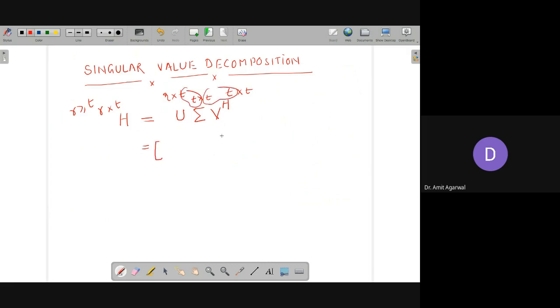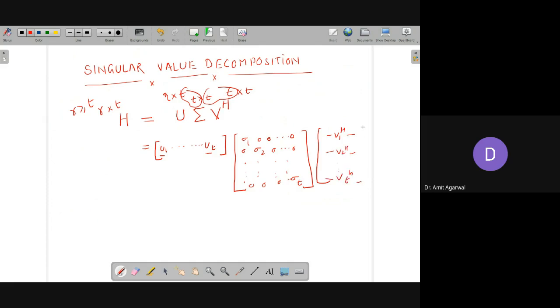And what is the structure of U? U will have T columns. Sigma will have diagonal elements, and V Hermitian will have a row form like this, such that the following properties are satisfied.